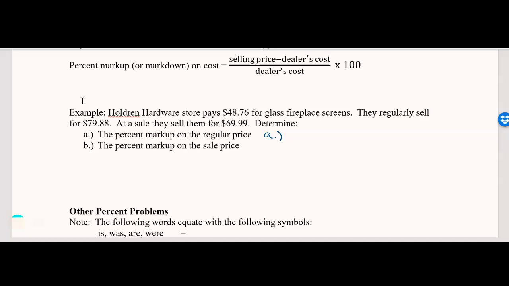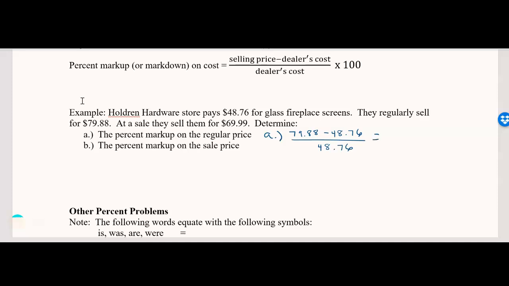Let's start with A, and we're going to use the formula. We're going to start off with the regular price, which would be the $79.88, minus what he paid, which was $48.76, and then we're going to divide that by, again, what he paid. Remember, these 2 numbers will always match up.